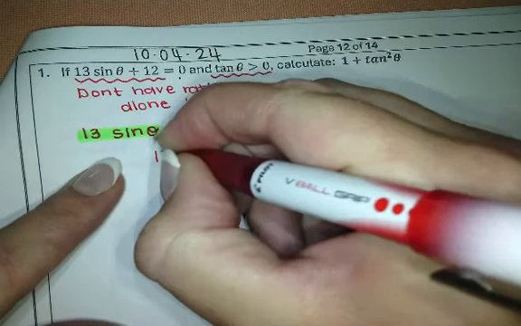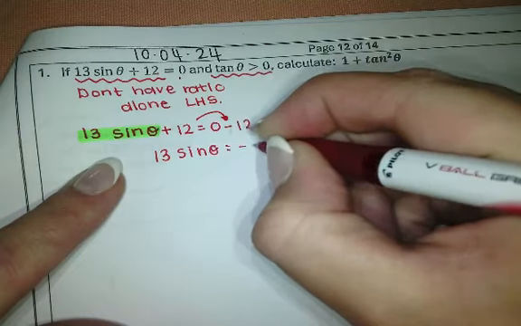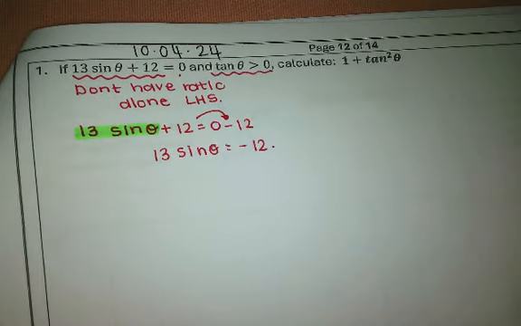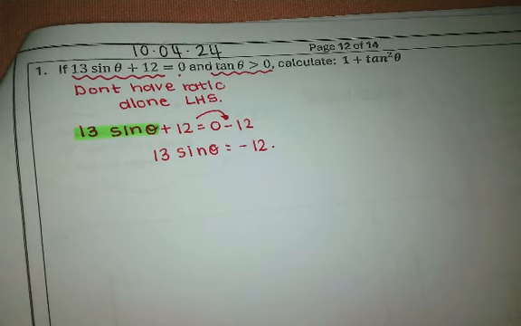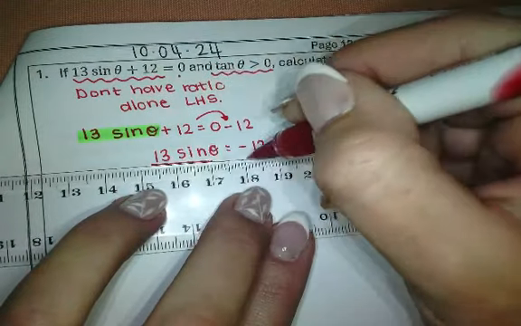So I've got 13 sin theta is equal to negative 12. In order for me to get sin theta alone, what do we do? We divide both sides by 13.